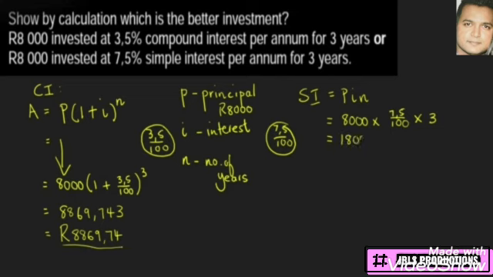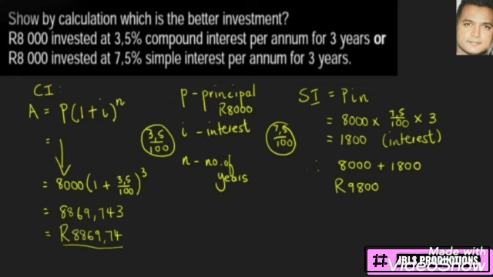Now notice this amount here is just the interest, but you need to know how much you will have in total. So you have to say, therefore it will be 8,000 plus 1,800, and I should get 9,800.